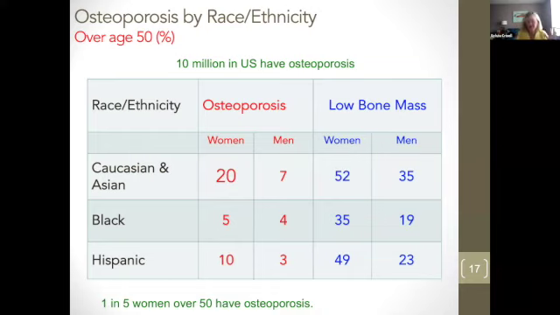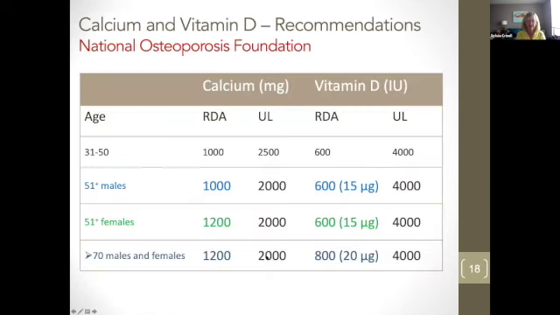So this is a life stage condition that being active all of your life can help, and eating real food, not formula, can help. But still, we have genetics. So Caucasian and Asian women are in particular at high risk. Low bone mass is something they'll flirt around with. I don't worry about this as much as the osteoporosis. Okay, so what are we supposed to do about it? I give you this table, and sometimes I think, is the table going to be as helpful as me giving just a couple numbers?